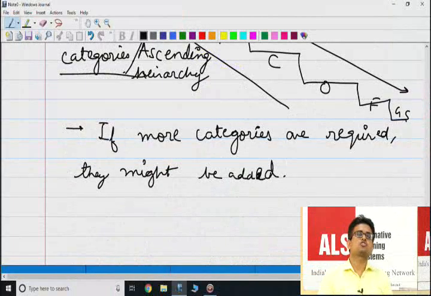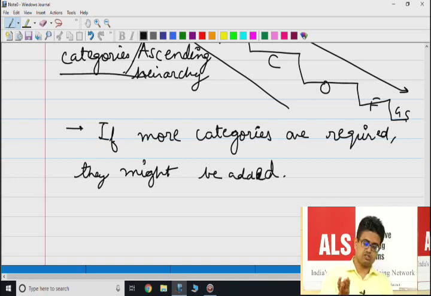For classification of human beings, for classification of apes, for example, we might use even 9, 10 categories. Sub-tribe, subspecies, sub-family are there. So the categories might increase to 10 or in some cases even 11, 12. But a minimum of 7 categories will be used.